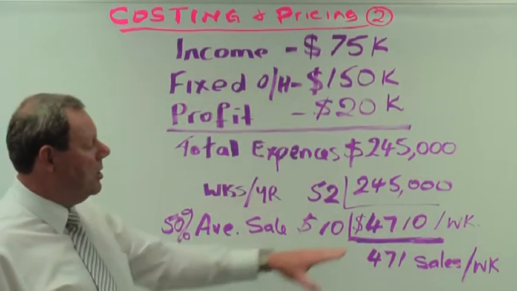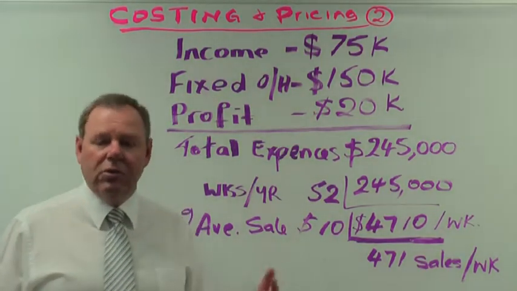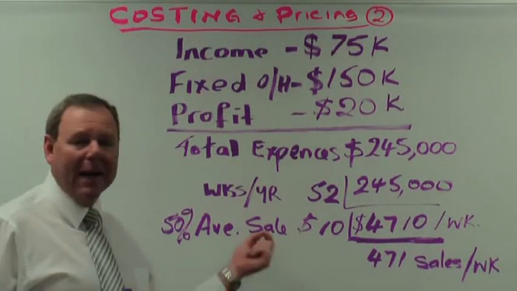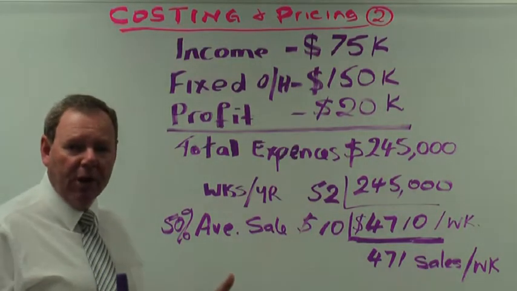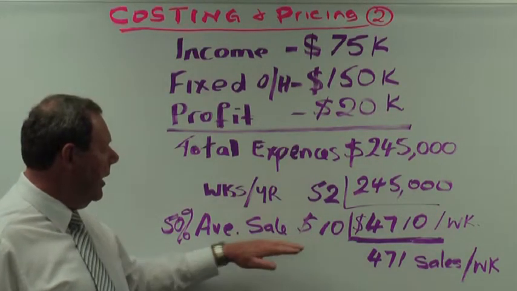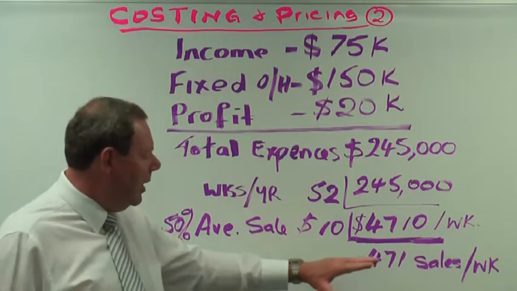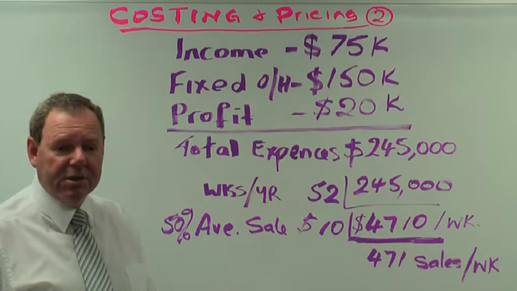Your cost of goods and all those sorts of things are on top of that, of course. But this is working on the markup ratio, or percentage, being 50% of your overall sale price. That's the equation in this instance.